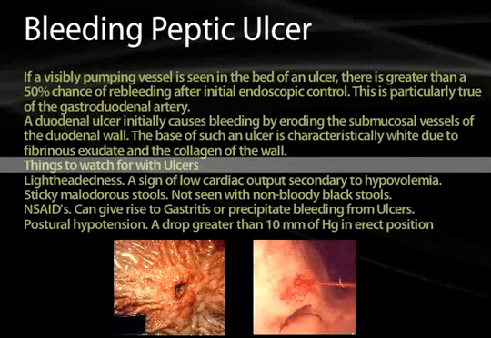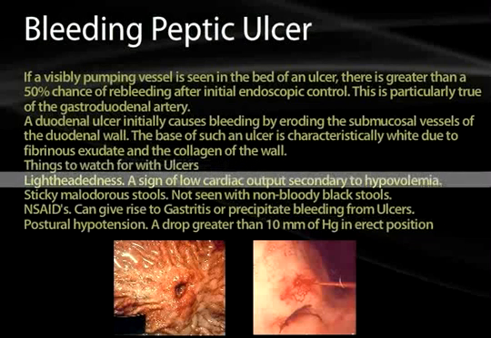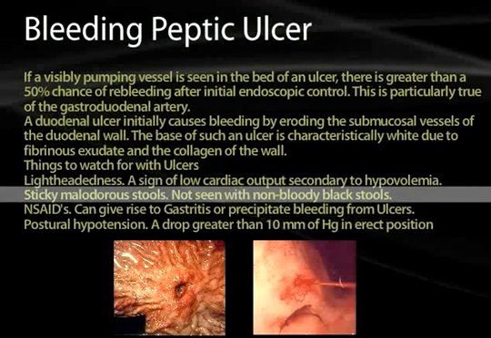So what are things that you want to watch for with ulcers? Well, somebody will report lightheadedness, a sign of low cardiac output secondary to the hypovolemia that can occur. They will have sticky and stinky stools, say that 5 times fast, the black non-bloody stools.